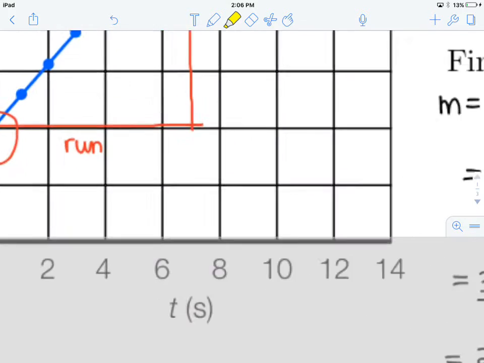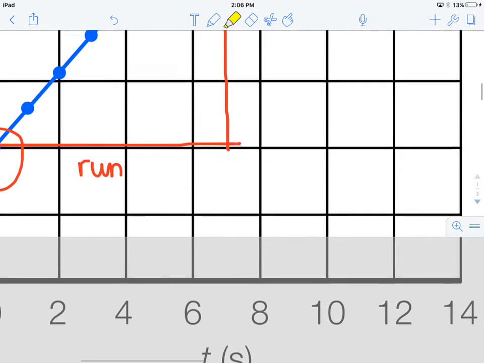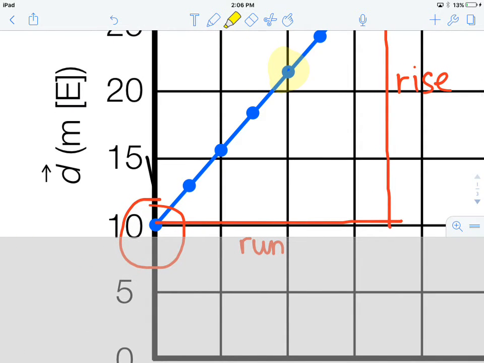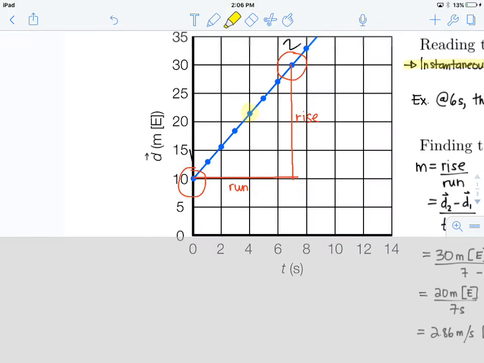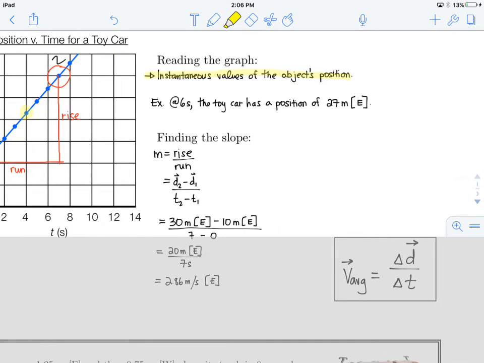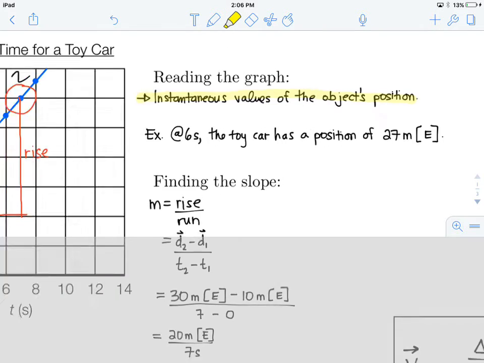Which means that if you come down here and say, okay, at 4 seconds, I'm going to look up to the graph here, and then look over, and I see that's roughly about 21 meters is its position at 4 seconds. And we could do that for every single instant in time that we've graphed. Here's another example. At 6 seconds, the toy car has a position of 27 meters east. Okay, so this is what we get when we read this graph, lots of information.